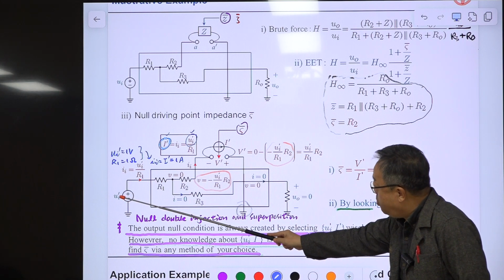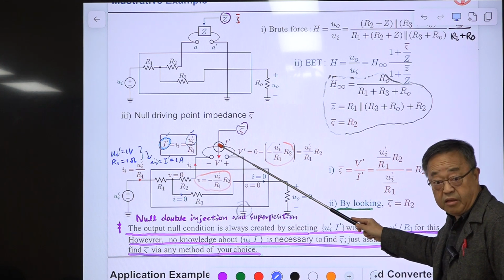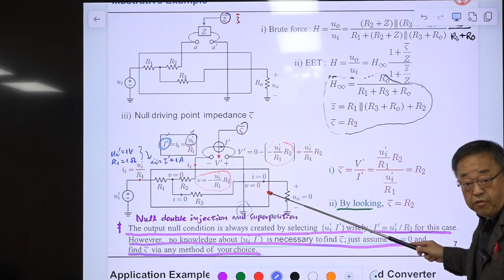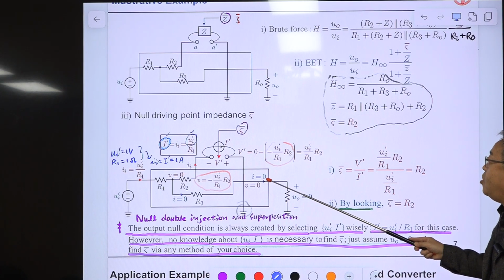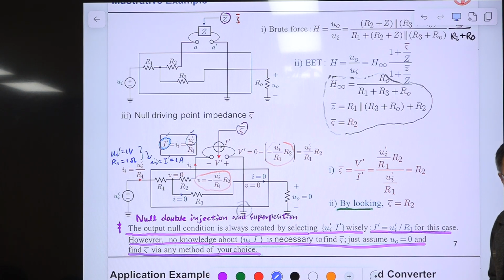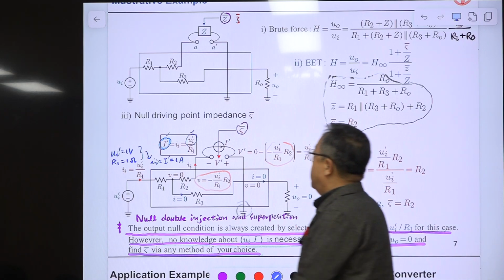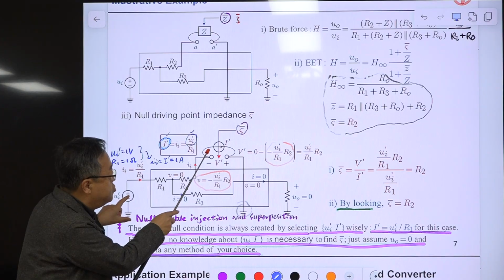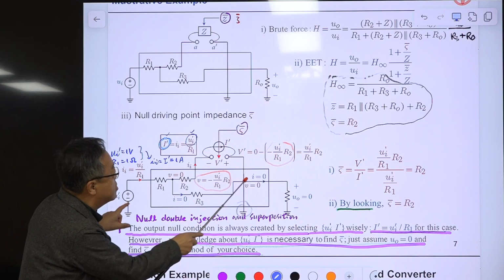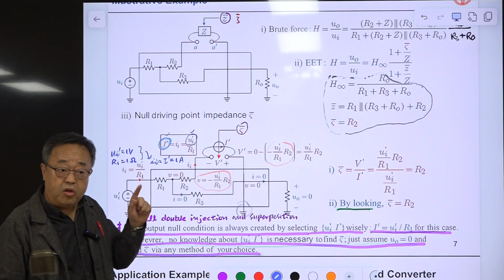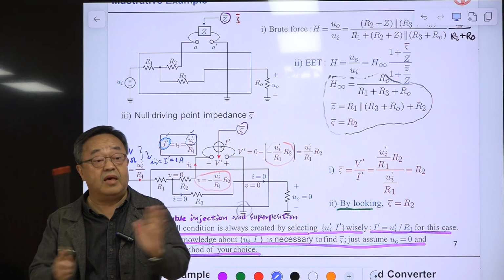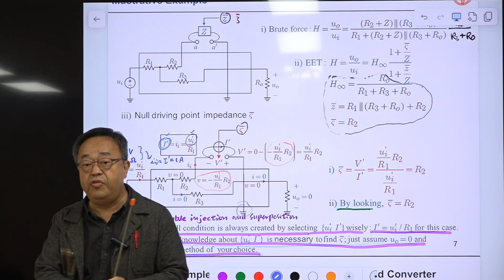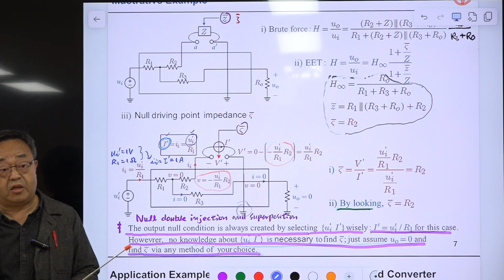You activate this, and this one is dead. You generate some current. Suppose this current is 1 amp. Then you eliminate this, and you activate this, and you generate somehow a current of -1 amp. They cancel. I is 0. That condition, you can always find that condition.